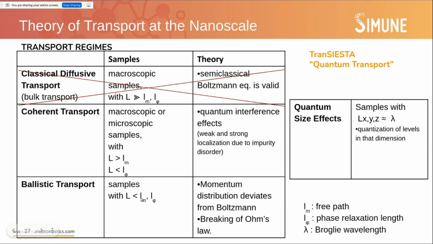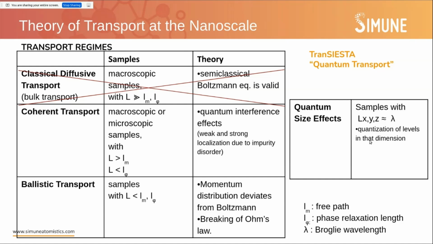Ballistic transport happens when samples are very small, smaller than the mean free path, and then there is no scattering for electrons. And there is great deviation from the Boltzmann equation and breaking of Ohm's law. And in samples with size that is comparable to the de Broglie length, there is quantization of levels.